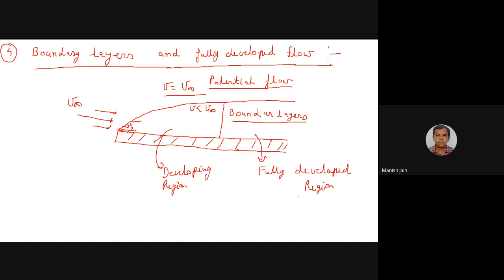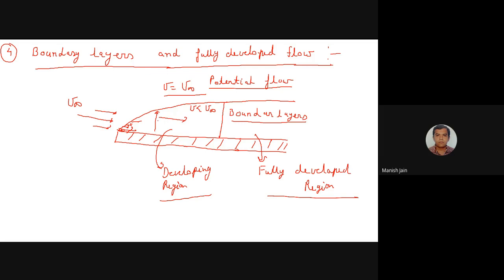So what are the developing region and the fully developed region? In the developing region, the thickness of the boundary layer changes in the flow direction. Developing means the thickness of the boundary layer is changing.